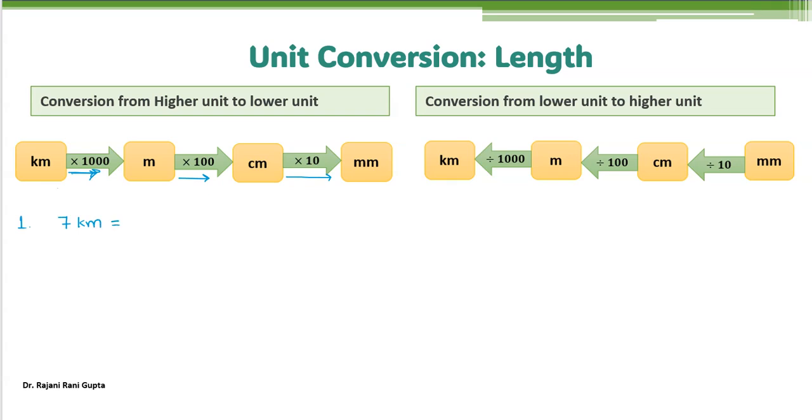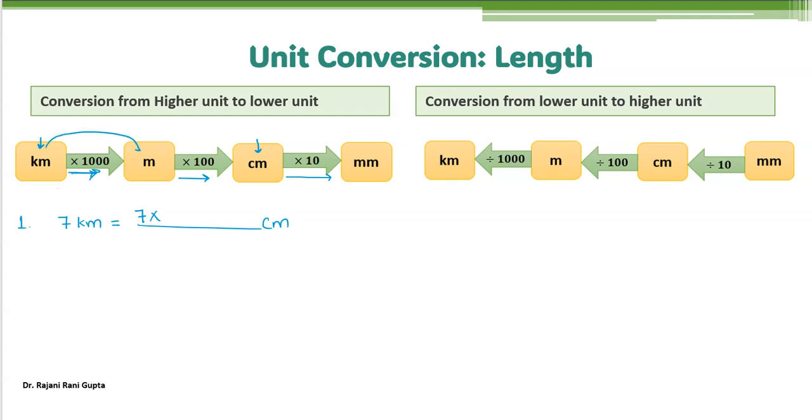So for instance, if I say convert 7 kilometers into centimeters, we want to know 7 kilometers is how many centimeters. So what will we do? We write the same number 7 multiplied by... we are at kilometers, and we want to reach centimeters. How will we reach there?